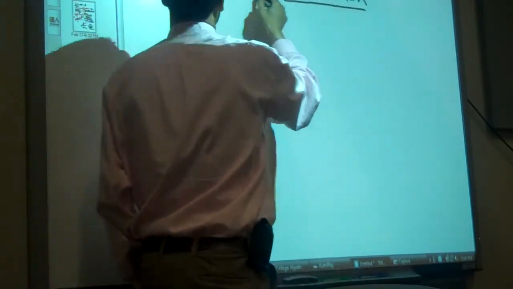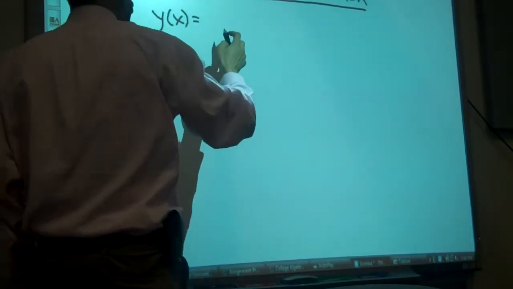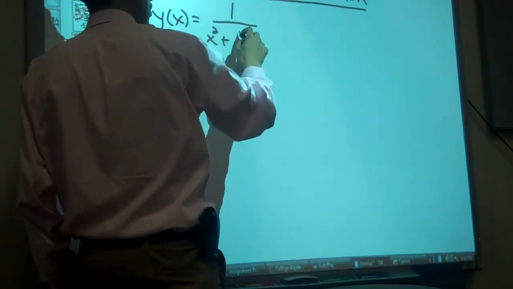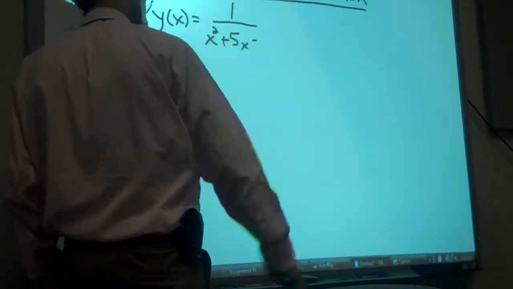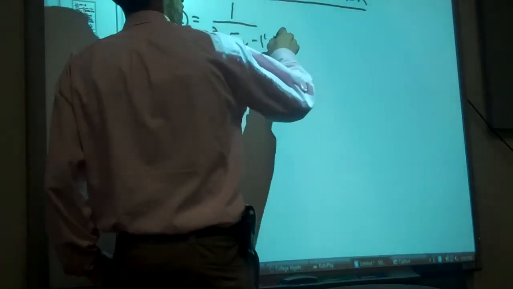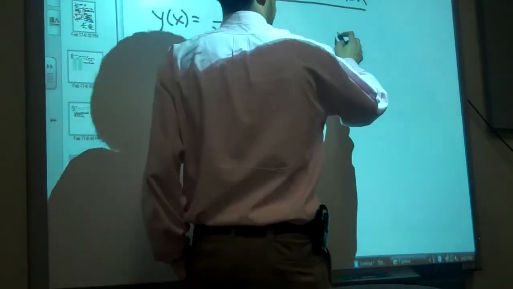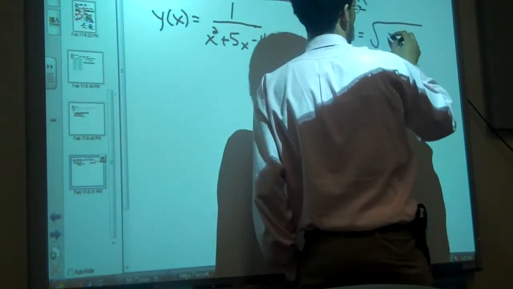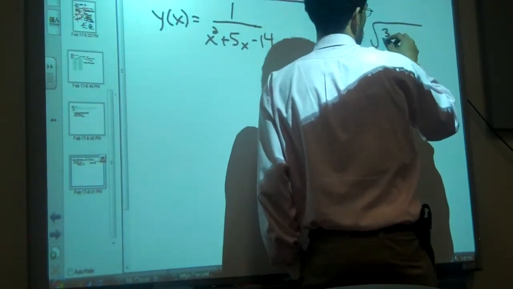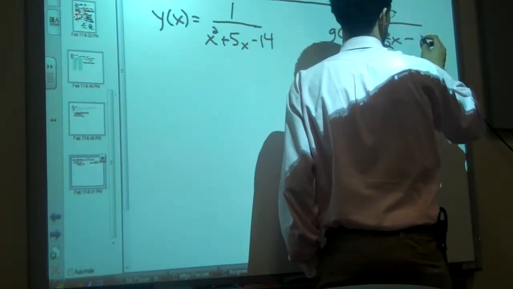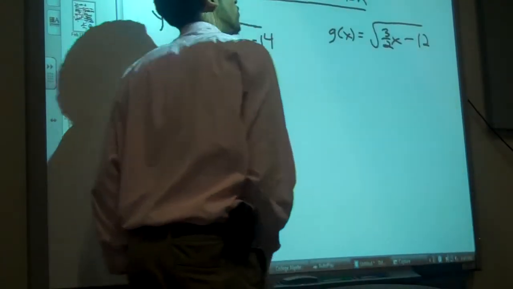When it's in the formula: y of x equals 1 over x squared plus 5x minus 14, or g of x is the square root of 3 halves x minus 12.